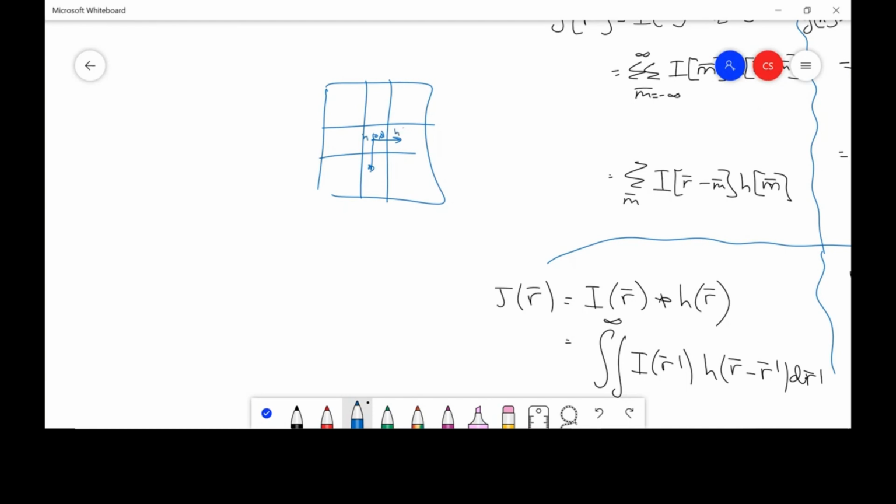And then this will be h of first x and then y: 1, 0, then 1, 1, then 0, minus 1, 1, minus 1, minus 1, 0, then minus 1, 1, and minus 1, minus 1. Those would be the values, and they take values like 1, 1/2, 1/3, whatever.